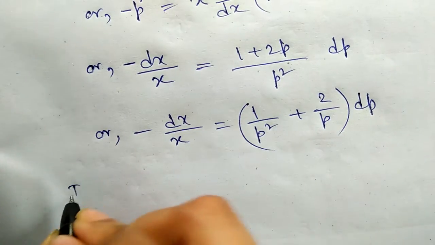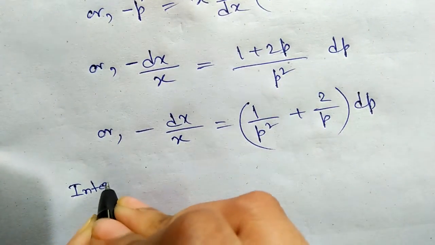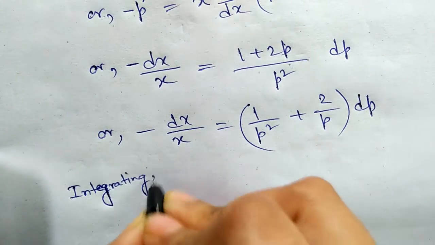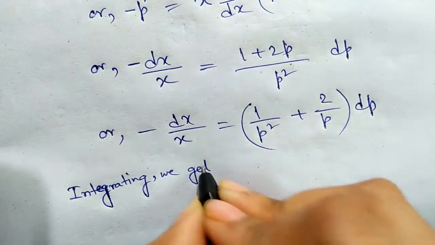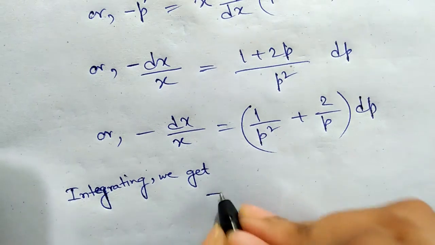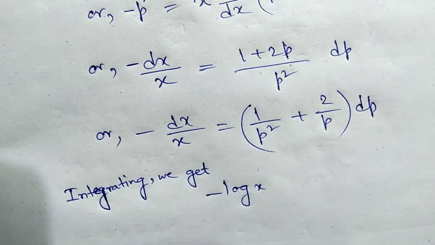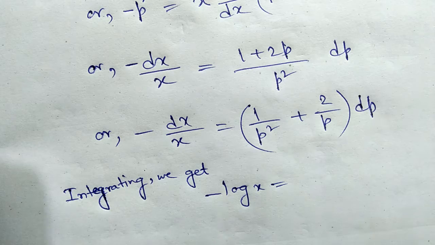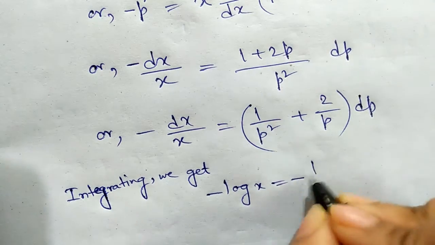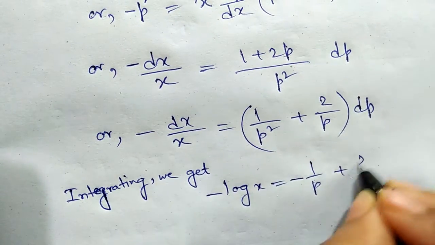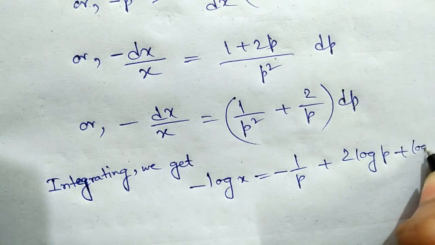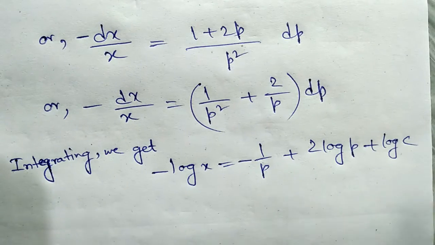Now integrating we get minus log x equal to minus 1 by p plus 2 log p plus log c, where c is an arbitrary constant.